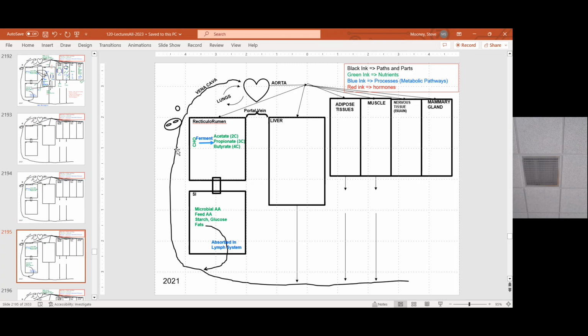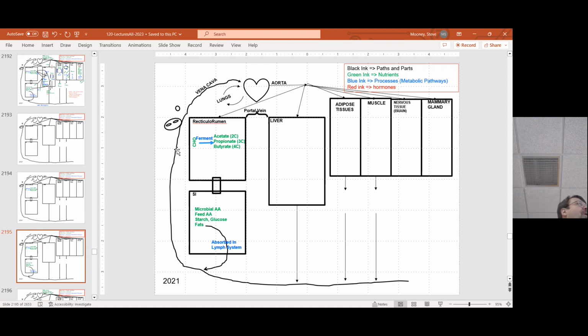So they're going to bypass the liver. So we've got a series of nutrients, acetate, propionate, butyrate, amino acids from two sources, and glucose that are going to potentially end up in the liver, and then the liver decides what happens to them.